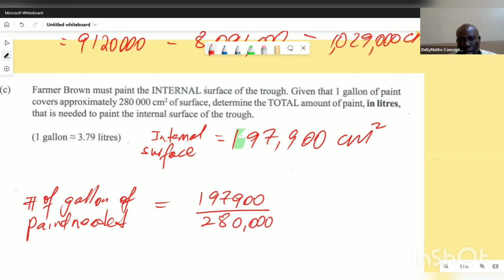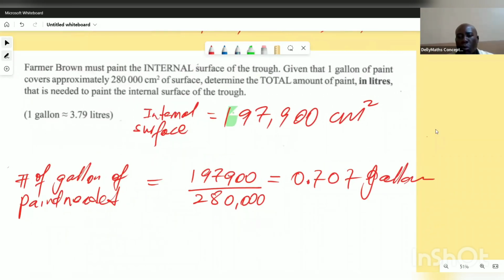And it's going to tell us how many gallons we actually need. So 197,900 divided by 280,000, and we actually have 0.707. This is the amount of gallons that is needed. But the question does not want it in gallons.